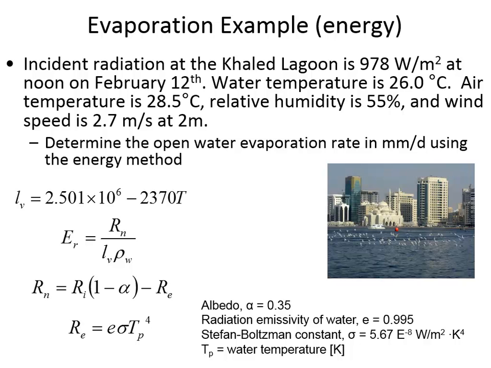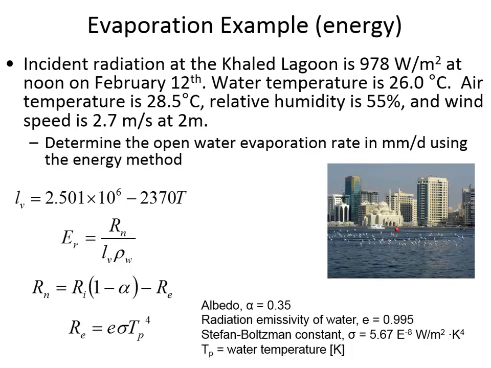And we have that the radiation emitted is 451.8 watts per meter squared. And that means for every square meter of area, the water is emitting 451 watts per square meter into the air.